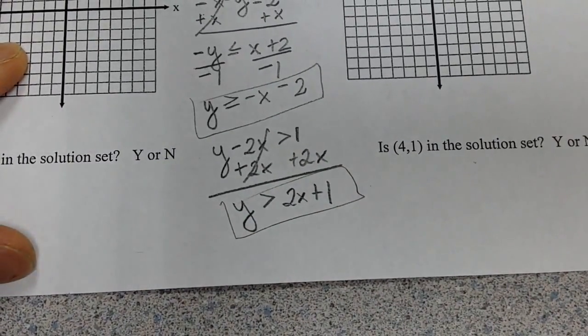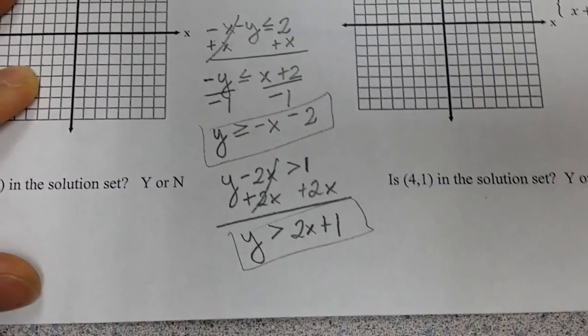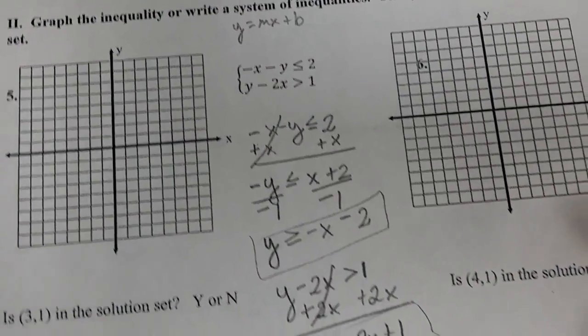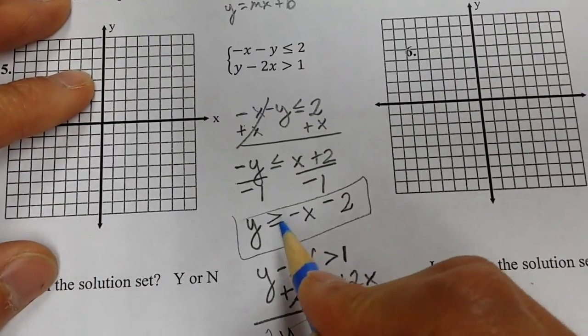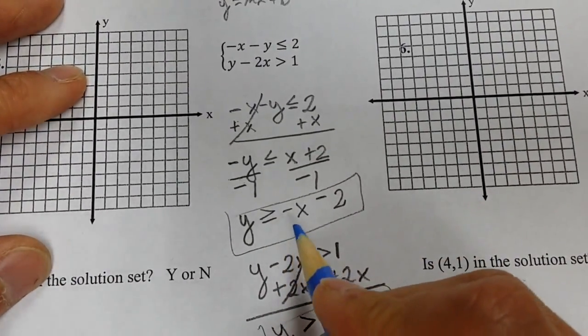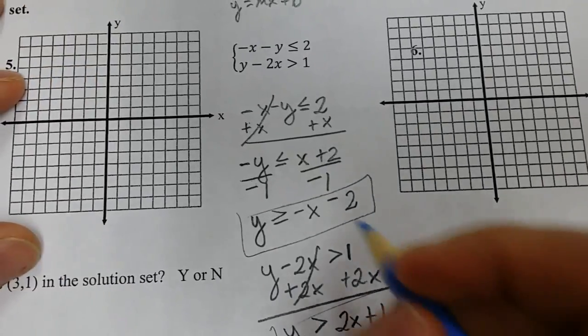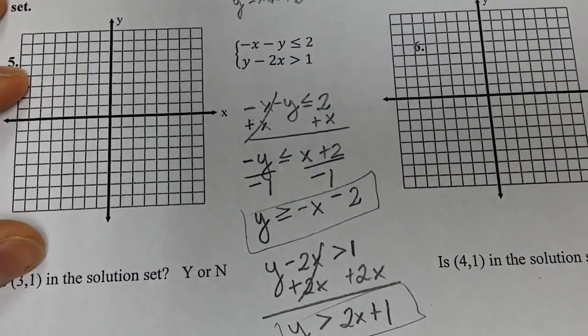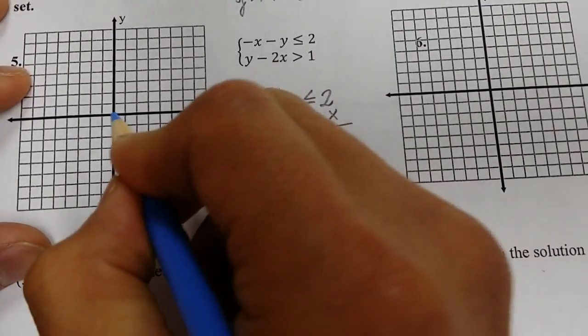So now let's graph. We'll try to graph these two equations. I'll try to use different color pencils for you to see. So let's look at the first one. Y is greater than or equal to negative x minus 2. The minus 2 is our y-intercept. So from the origin, I go down 2.